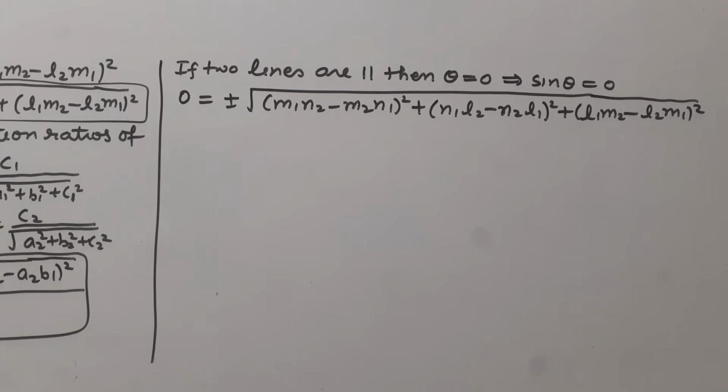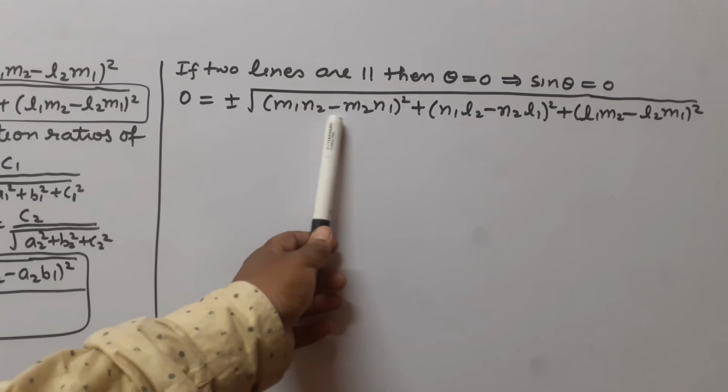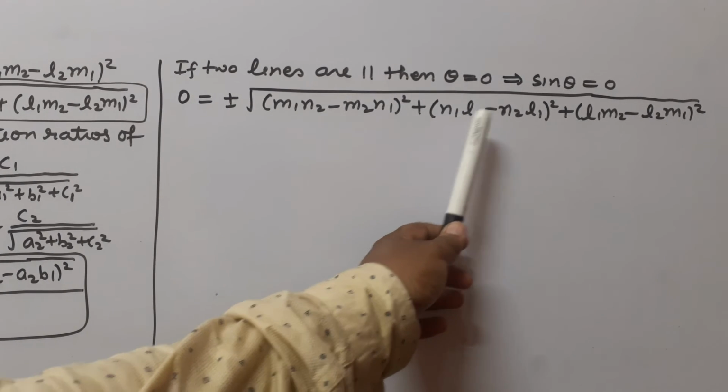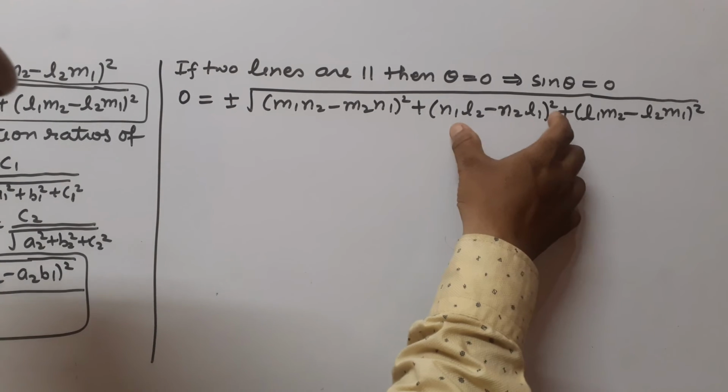Since this is a square, these brackets are positive quantities.